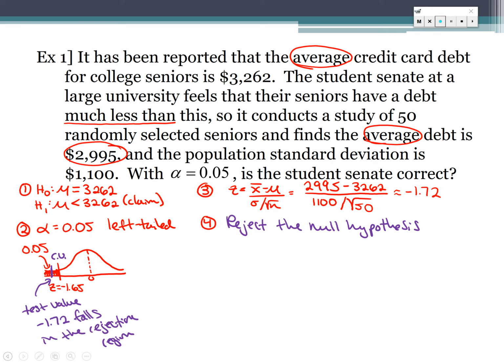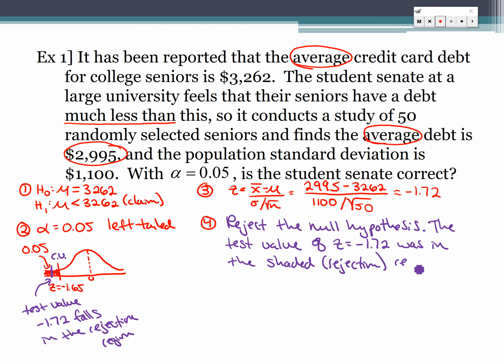Now, if you didn't draw a little sketch, since we're just starting out, I'd be fine if on a test for your step 4, you just tell me reject the null hypothesis. Since we're just starting out with it though, you might want to write the little explanation: the test value of z equals negative 1.72 was in the shaded, aka rejection region.